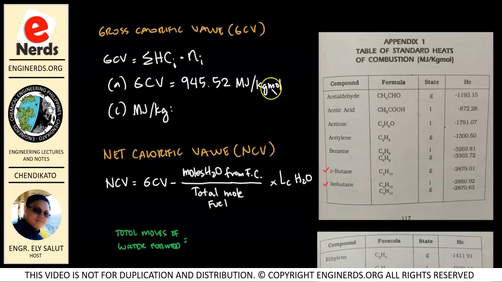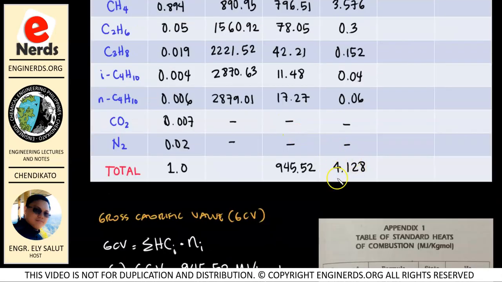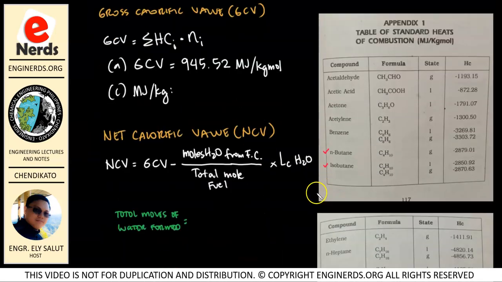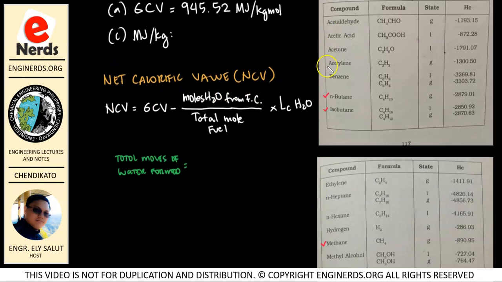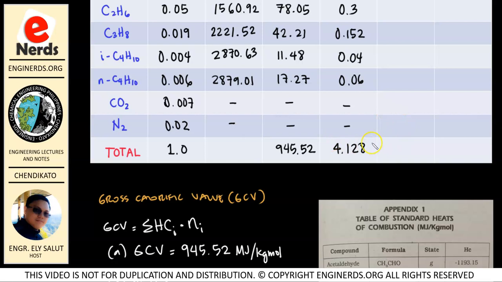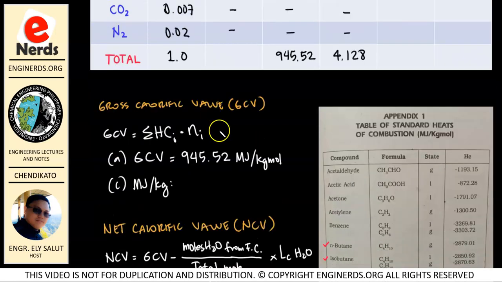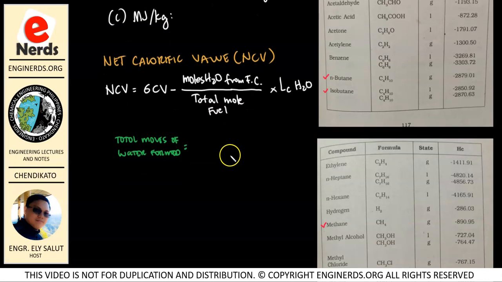So tatandaan natin, ang value na nakuha natin is single hydrogen, so it's not H2. Okay? So that means we need to divide this by 2. So we need 2 moles of hydrogen for every 1 mole of water. So therefore, we need to divide that by 2.